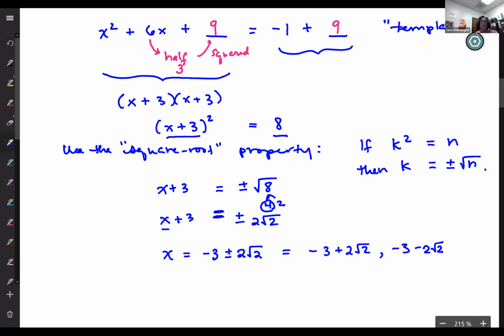In fact, those are symmetric around the number -3. If you look at 2 root 2, if I approximate that on my calculator, that one's dead. Here we go. 2 times the square root of 2 is approximately 2.8. So that means that these solutions are approximately -0.2 and -5.8.